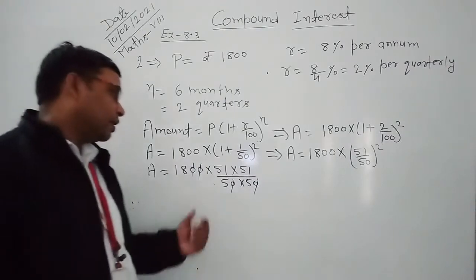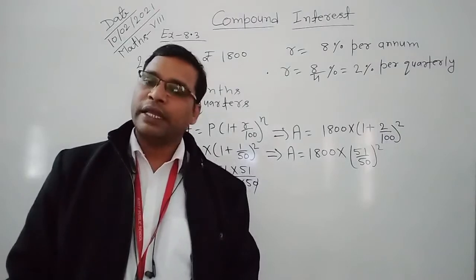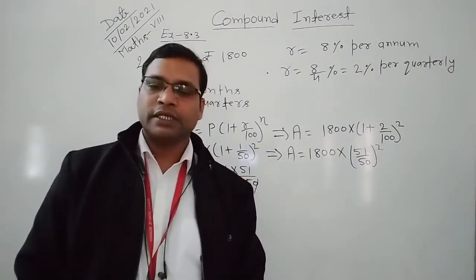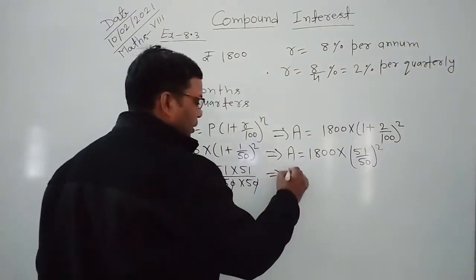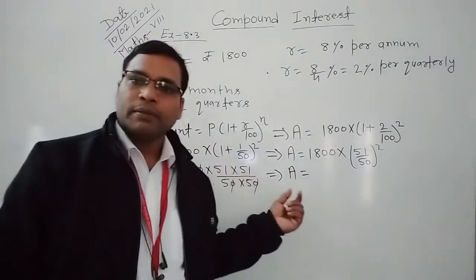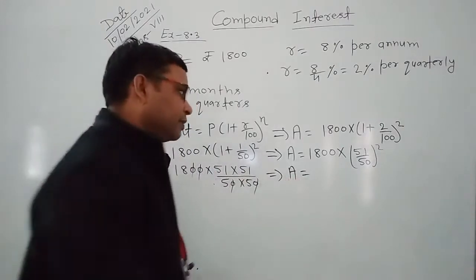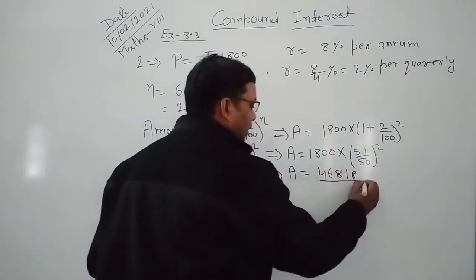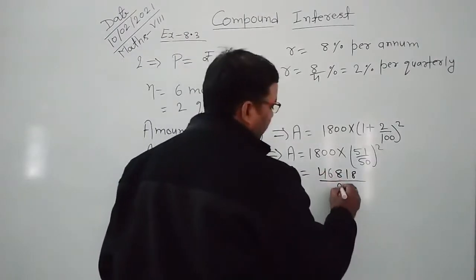This is clear. Now after this we multiply 51 into 51 into 18. If you multiply 18 into 51 into 51, then you get 46,818, and divided by 5 into 5, this is equal to 25.